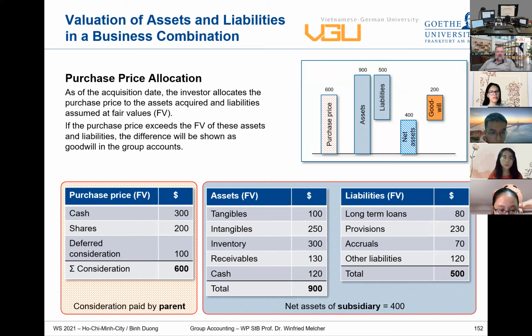So what happens in practice is you buy a company, let's say 100%, you pay a certain purchase price, then you look at the book values of these and throw them away because these are not relevant.